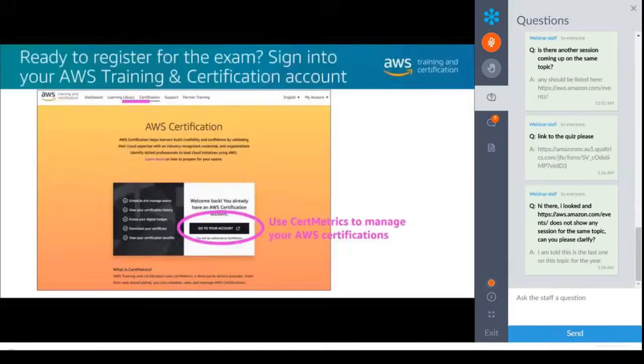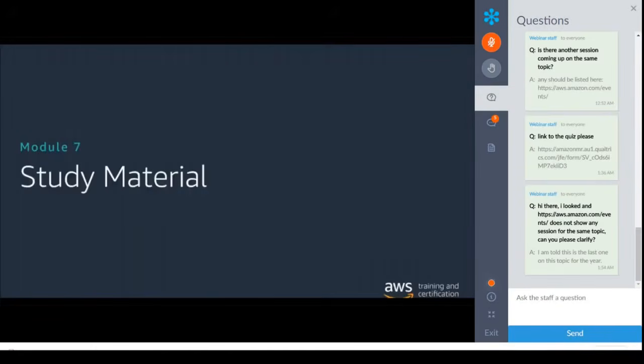In terms of study materials, we will also be sending you a list of additional links for white papers, documentation, the official exam guide, as well as other digital training that you can take for free.